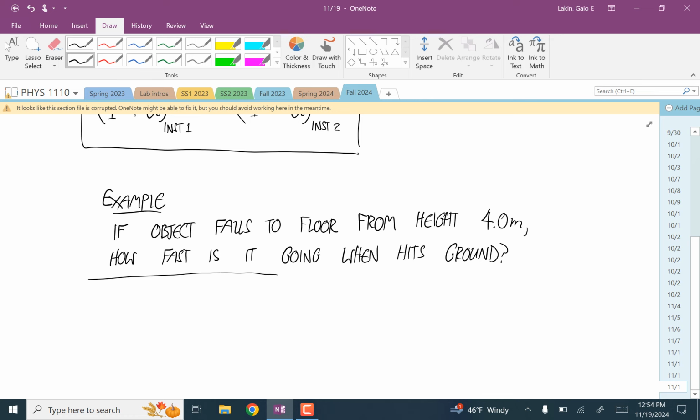You could do this with a 1D kinematics problem using the constant acceleration equations. So you could use the equation 2a times the quantity pf minus pi, blah, blah, blah. And you would get the same answer that we're going to get, but we're going to use conservation of mechanical energy. Okay?